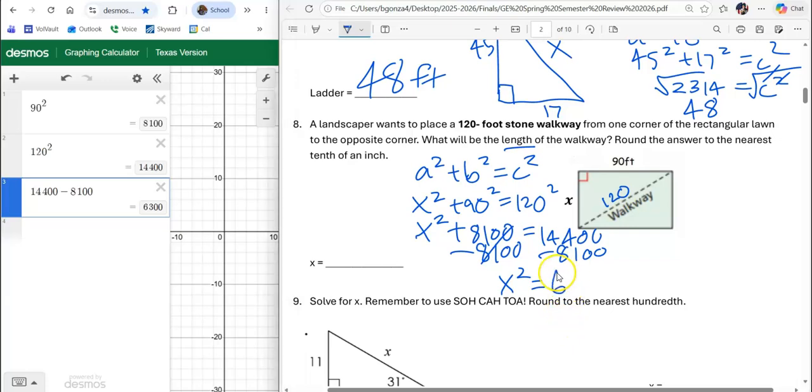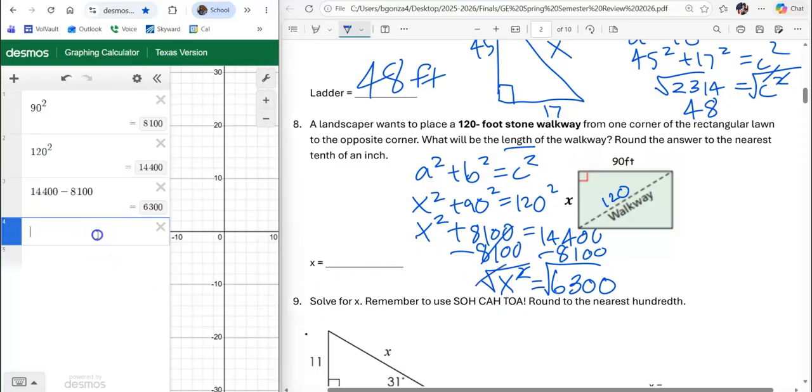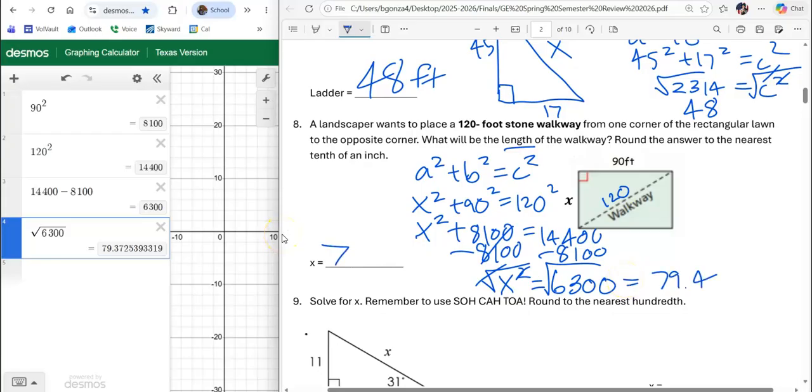It's 300. And then last step, square root. So then there's the tenth. The tenth's 3. The 7 makes it round up to 79.4 feet.